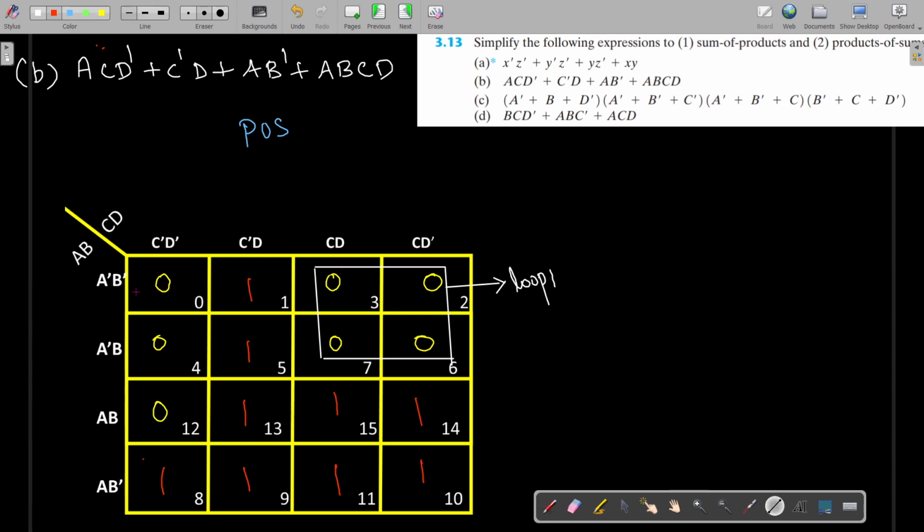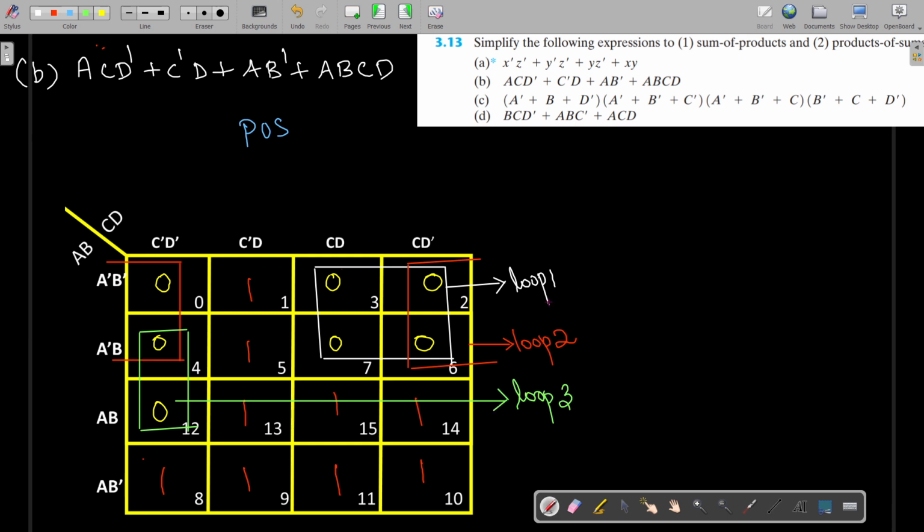Then we are going to mark loop 2. So for loop 2 we can combine like this, 2 zeros along with these zeros. So it's again a quad, but now it is our second loop, loop 2. Then we have to combine this 0 only, right? So to combine this 0, you can make it like this. This is loop 3.